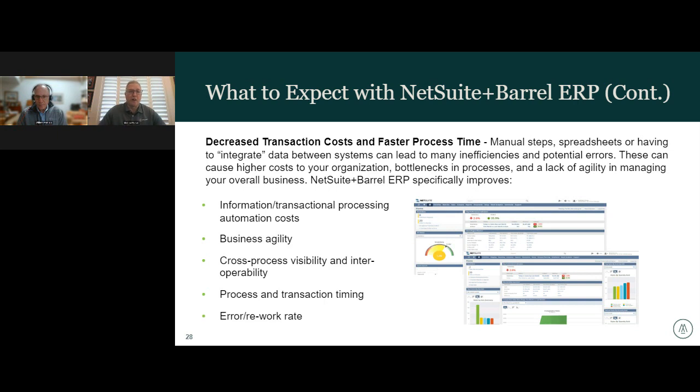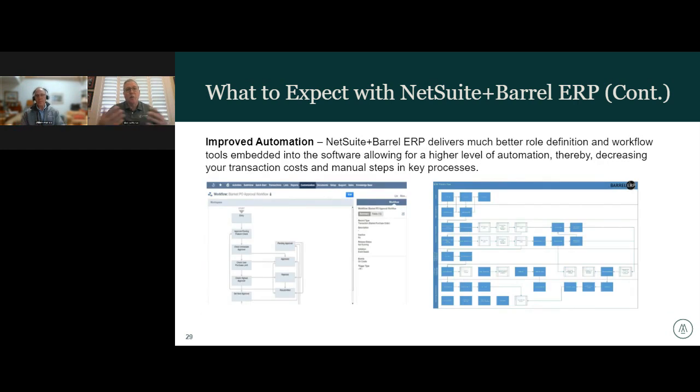And then we talked about error rework rate. That's just human error. It just happens every time you've got people involved. So again, what to expect with NetSuite and Barrel ERP is we improve that. We have predefined processes that are built on leading practice, that are built specifically for wineries. And it provides that starting point. How can you have a process that works effectively? Do I need workflows?